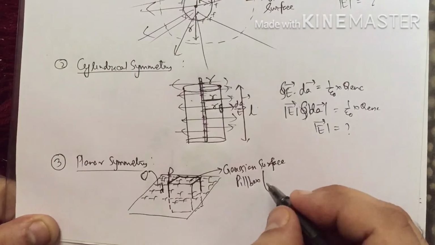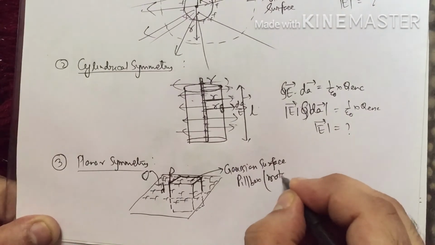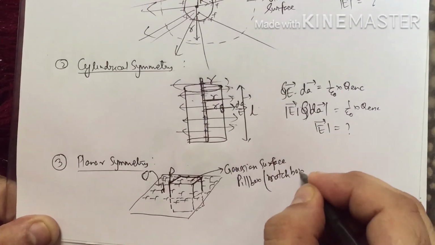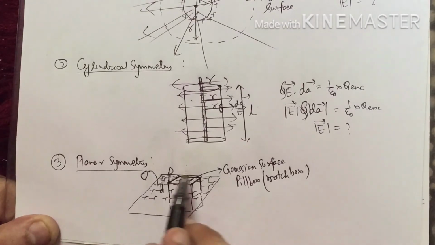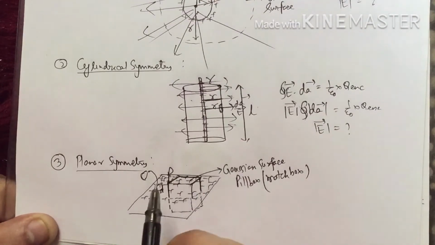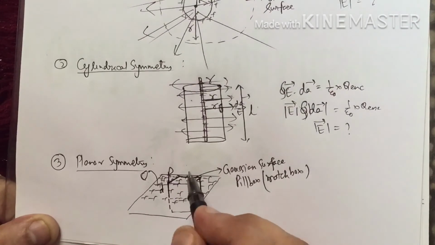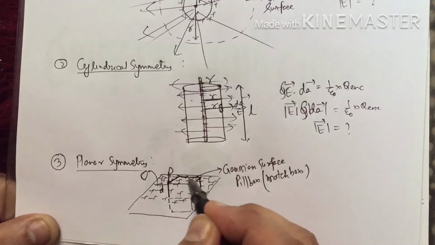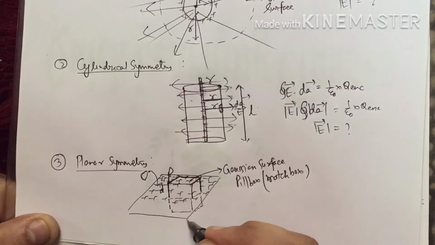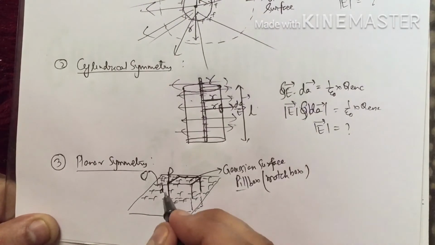It is similar to a matchbox. If this is your plane sheet, just put a matchbox on its surface on both sides of the sheet. It will form a closed Gaussian surface, which is called your pillbox.